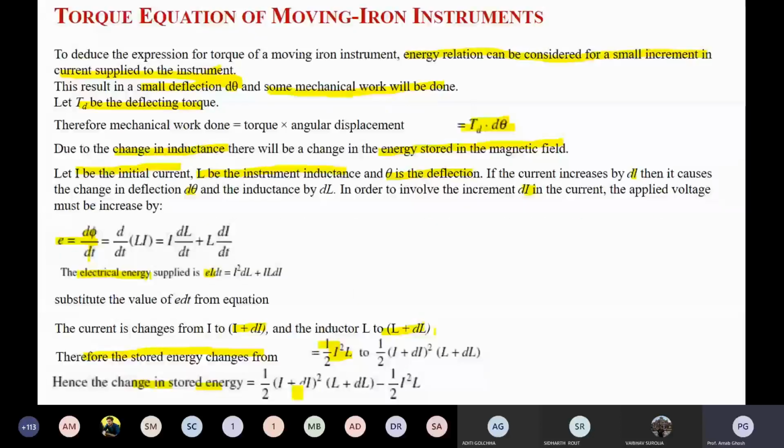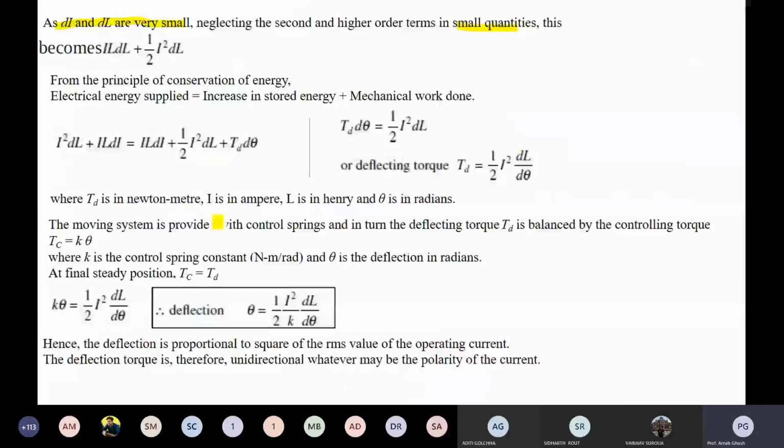If you make it square, it is coming I square plus 2I di plus di square; di square will be neglected, so it is coming half into (I square plus 2I di), which you can multiply with L plus dL. So finally it will come I L di plus half I square dL.